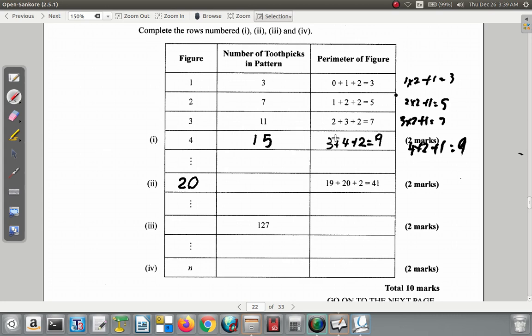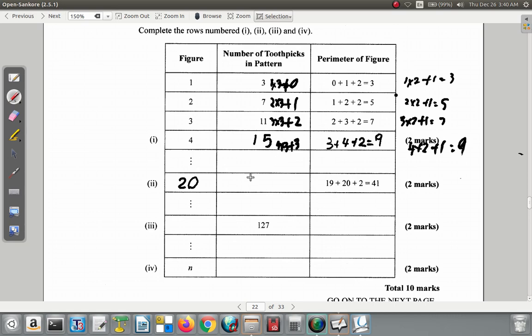If I say 1 times 3 plus 0 is 3. 2 by 3 plus 1: 2 times 3 is 6 and 1 is 7. 3 by 3 plus 2: 3 times 3 is 9, plus 2 is 11. Here I say 4 by 3 is 12 plus 3. 4 times 3 is 12 and 3 is 13.